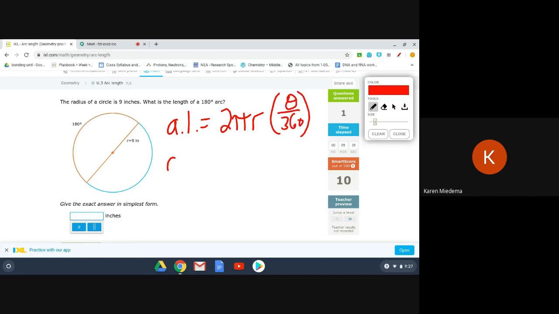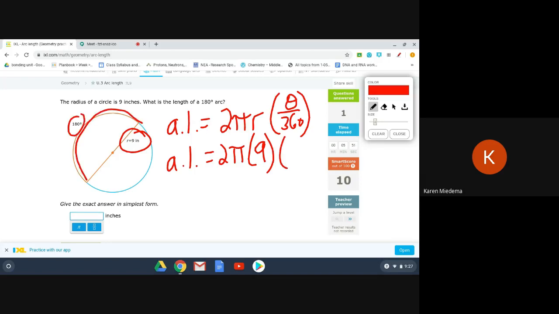So for this problem, I get 2 times pi times r. It tells me that r equals 9. And the angle that I'm finding for the arc is 180.